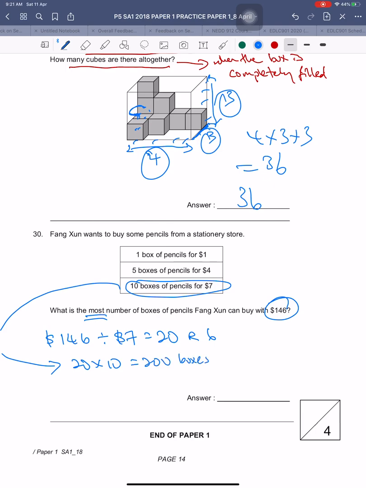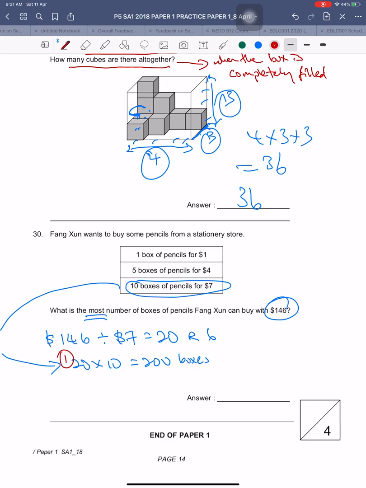So that is the first part. With the money he can get the maximum, because 10 boxes cost $7. We can do that as one group. So 146 divided by 7, you can get 20 groups. Each group is 10 boxes, so 20 times 10 is 200 boxes.